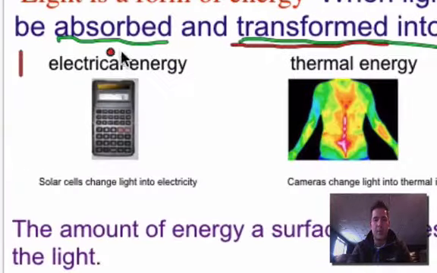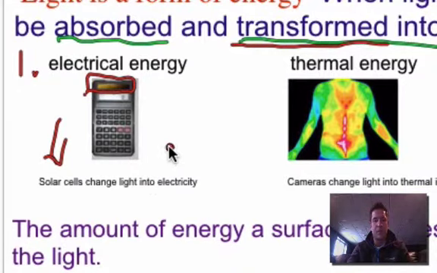So we can have one, which is electrical energy. Solar cells change light into electricity. We take these solar cells that are right here, and we convert the light into electricity to power our calculator. The second is thermal energy.